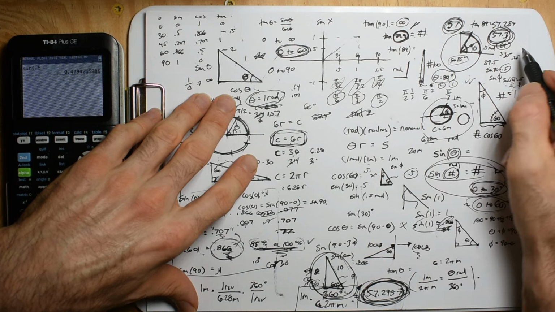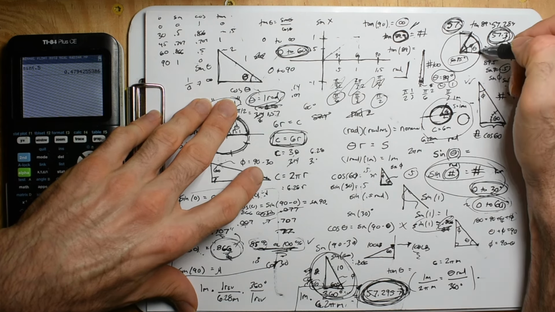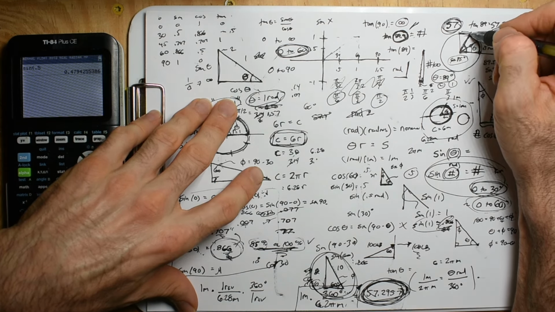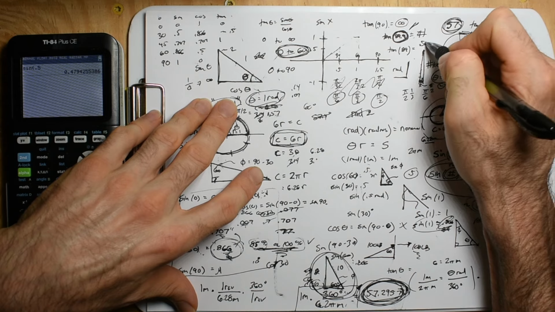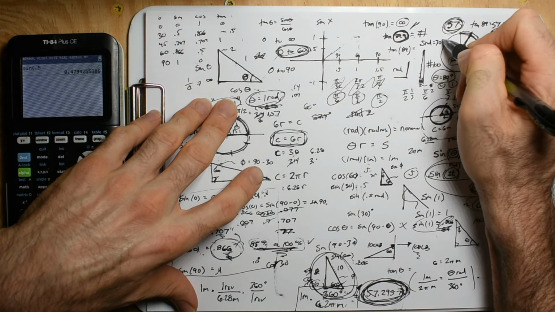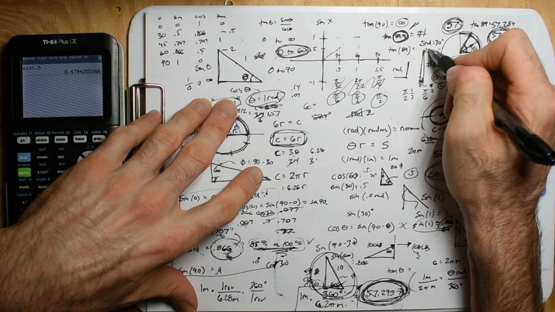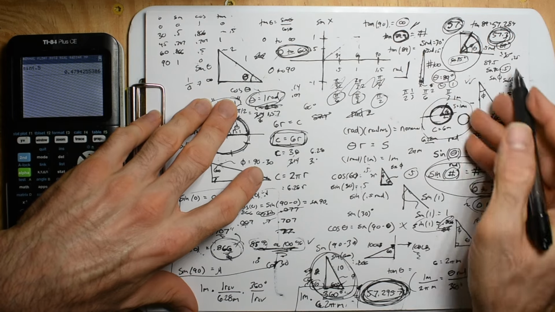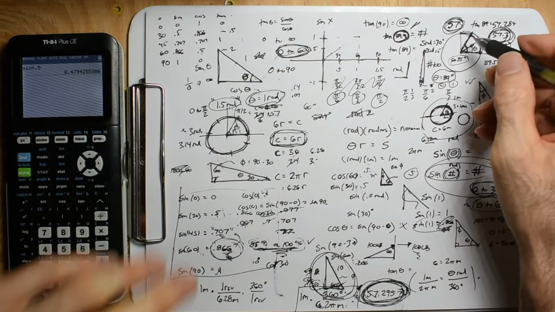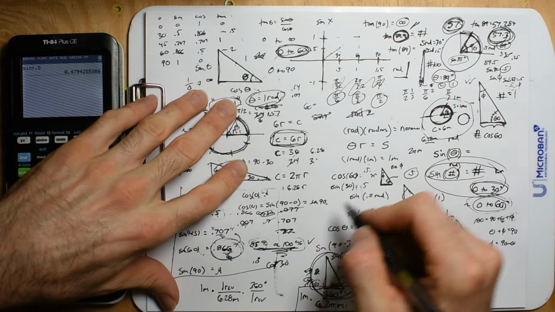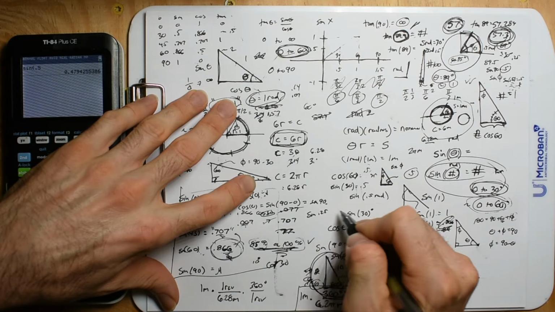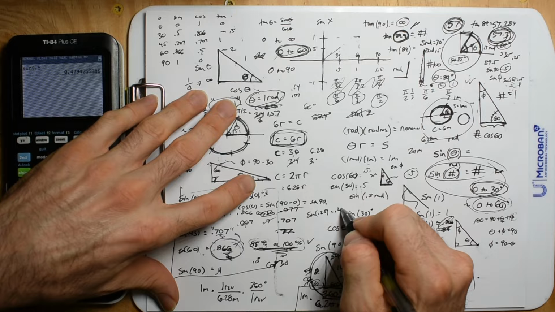So what is 15 degrees in radians? Well, we know that 60 degrees is 1 radian, and then we know that 0.5 radians is 30 degrees. So 15 degrees, just by visual representation, is 0.25 radians. Cool. And we know that sine of 0.25 in radians is going to be 0.25.